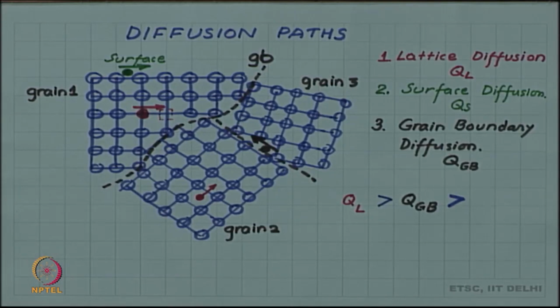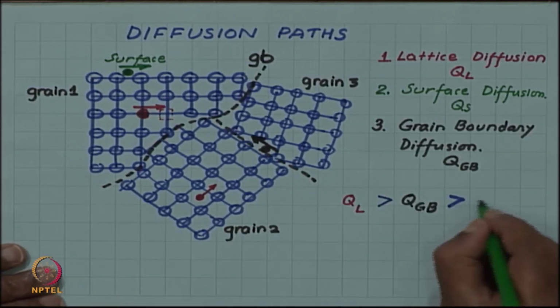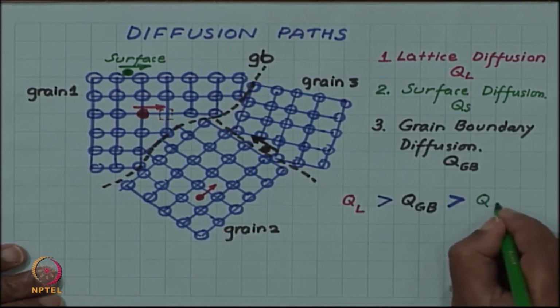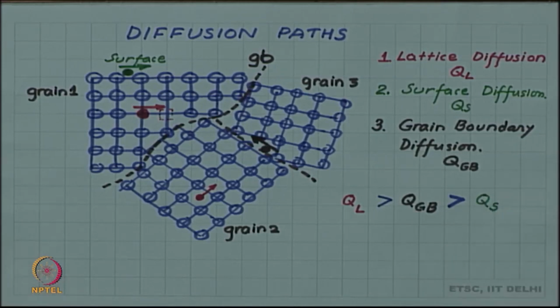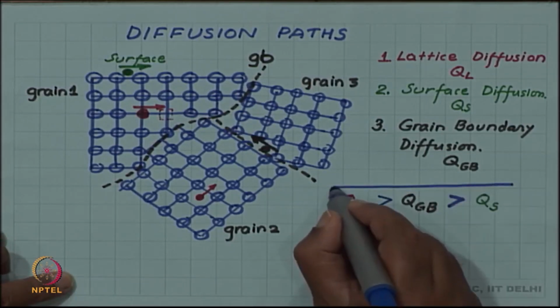So, it is easiest for an atom to move along the surface, and that has the least activation energy. This is the usual order of the 3 kinds of activation energies.